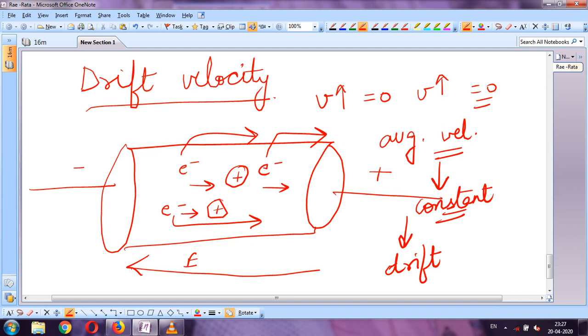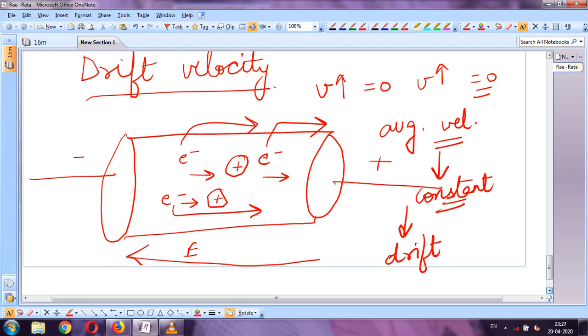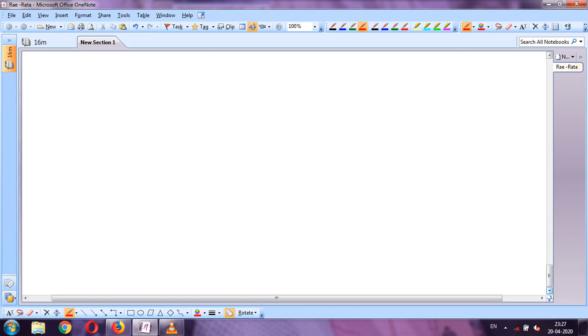Like here electrons are drifted towards the positive terminal. So the average constant velocity with which electrons will be moving inside the conductor will be called drift velocity and will be represented by Vd.